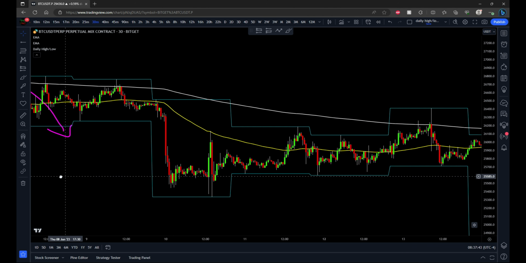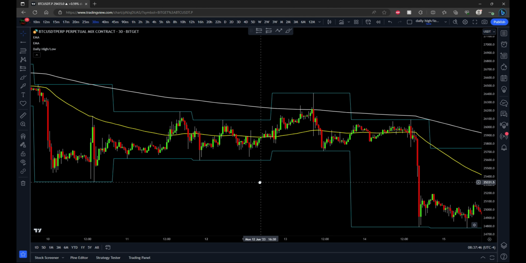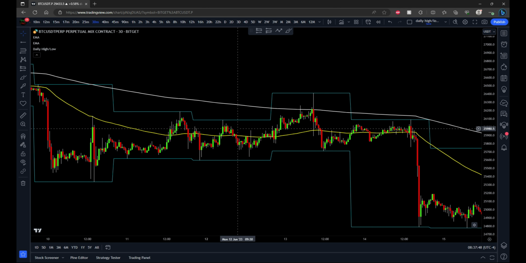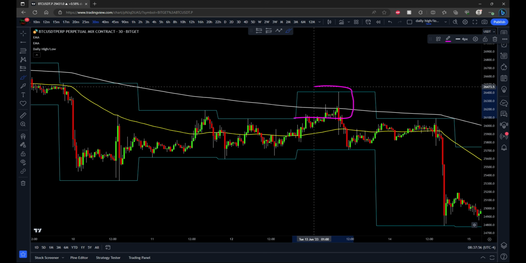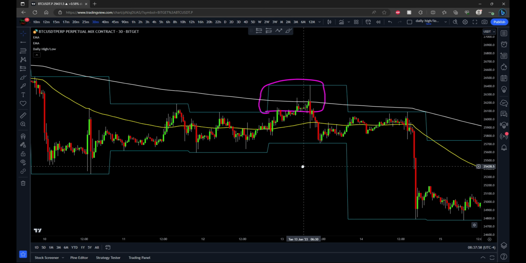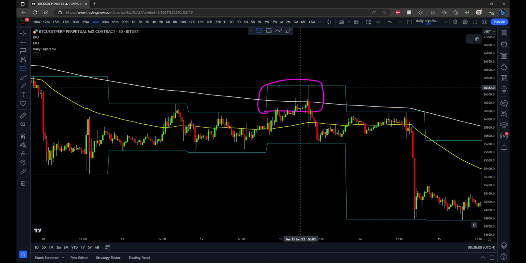Okay, so let's move on to the next setup. So again, downtrend, we're looking for sweeps on previous day's highs, and we don't have that until over here. So the area we're looking for a short is up here. And again, easily exploitable sweep on highs. It's a fake out.